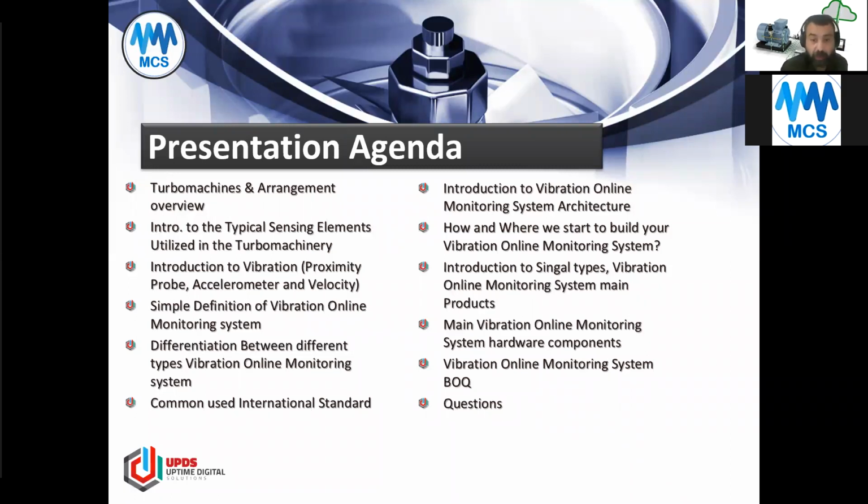Then we're going to discuss the main vibration online monitoring system hardware components in a very quick overview. Then how to prepare what we call a bill of quantity, based on what we call an IO list, and how to build your final bill of quantity when you design or configure an online monitoring system.